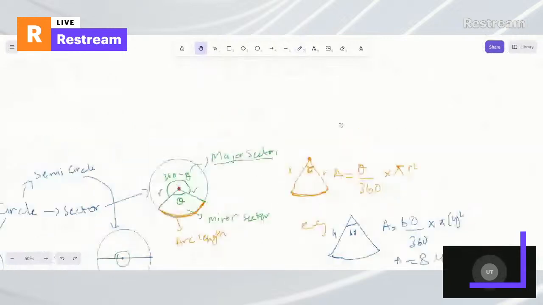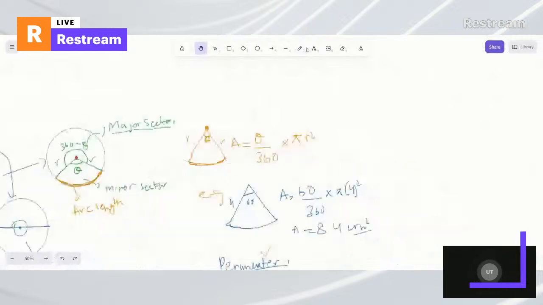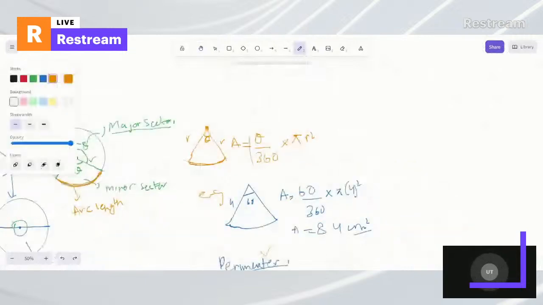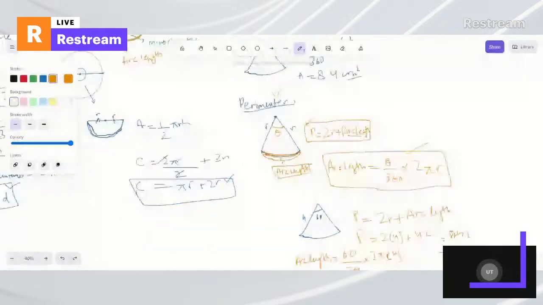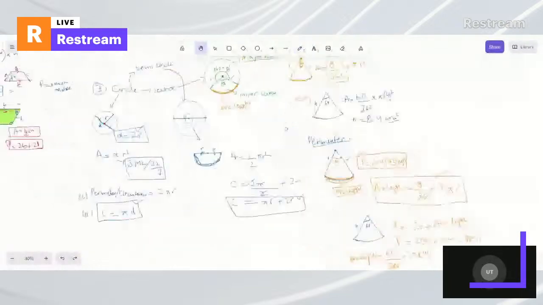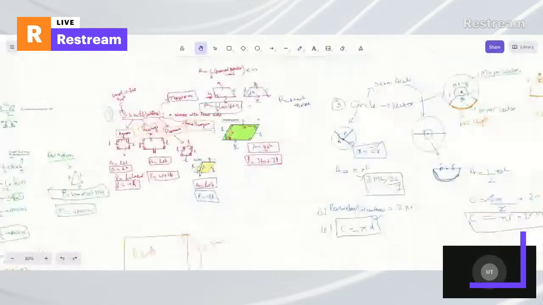What we did, nothing special, was take a ratio of this angle to the whole angle of the circle so that we get this portion out. That's the logic behind this formula. Similarly, we did the same thing with the arc length as well. So I've gone over every topic that we've discussed so far.